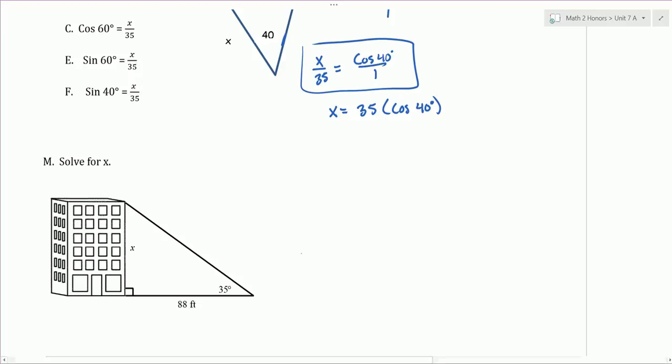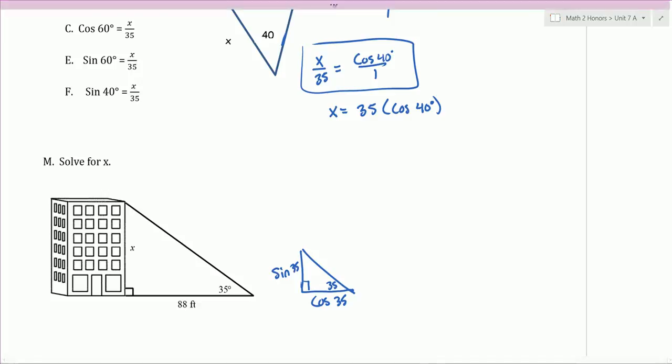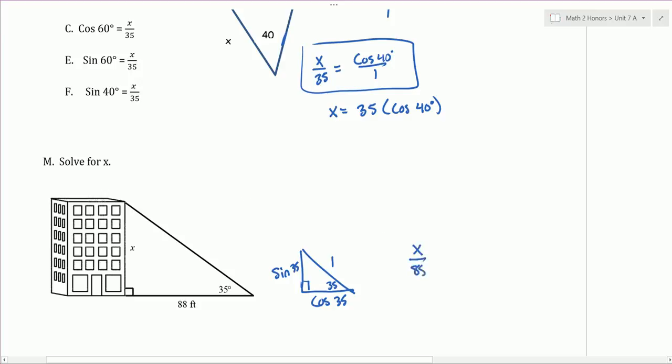Solve for x, again start with a similar triangle on part M, with a hypotenuse of 1. And we want to solve for x, so x over 88 is sine 35 over cosine 35.